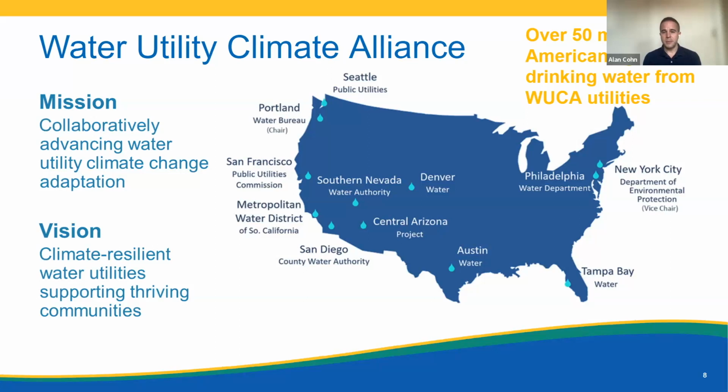We've been a leader in climate change adaptation for the water sector, and working to develop tools, resources, data, and approaches for usable, actionable climate science. That's something we'll be focusing on quite a bit over the next few days. Even though WUCA has been around for over a decade now, this is always a work in progress, and really looking forward to taking this in a new direction today.